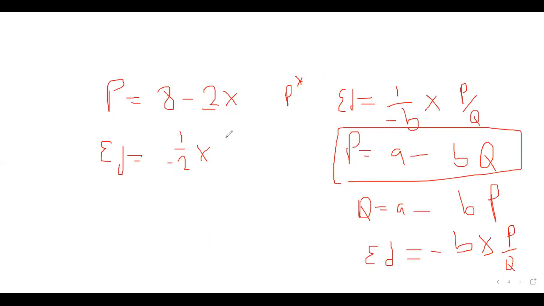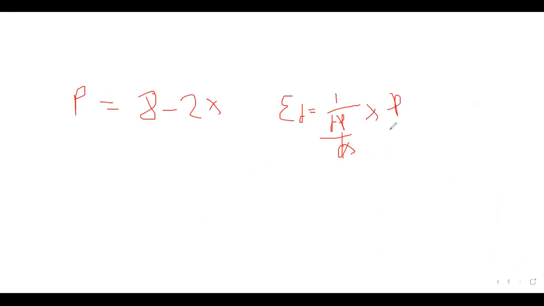So here P was 4, and here we have Q is 2. So this will be 4 over 4, which is negative 1. Demand here is unit elastic.